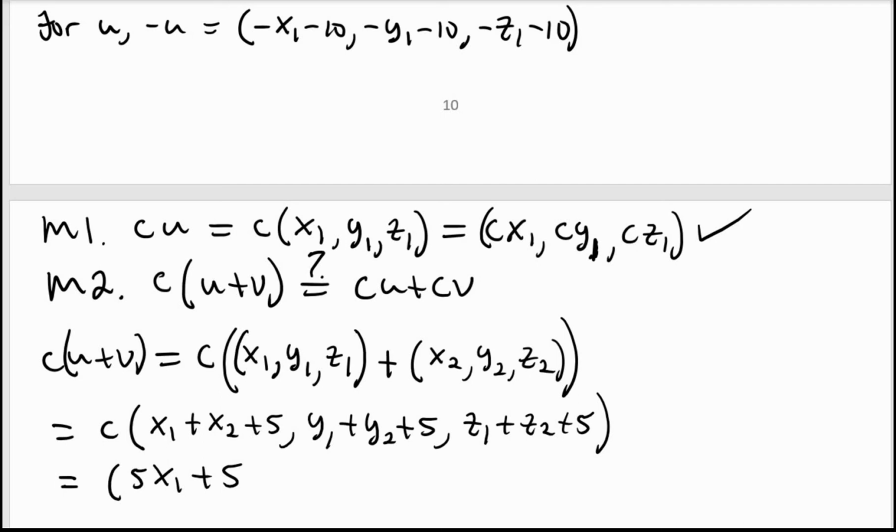It's not letting me erase. Maybe I shouldn't have talked about it. No, the eraser is not working.